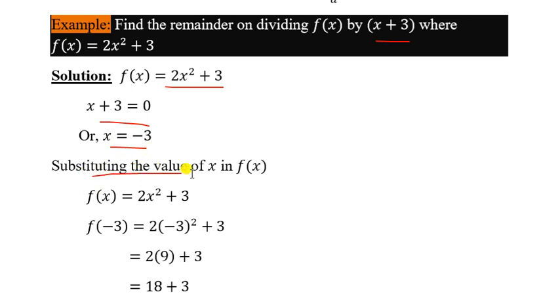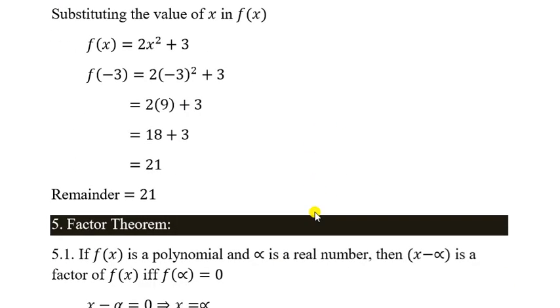Substituting the value of x in f of x, the given polynomial is f of x equals 2x square plus 3, and now we put x equals minus 3. So f of minus 3 equals 2 into minus 3 square, because 2x square is written, plus 3. That means 2 into 9 plus 3. 2 into 9 is 18, plus 3. So 18 plus 3 equals 21. Remainder is 21.